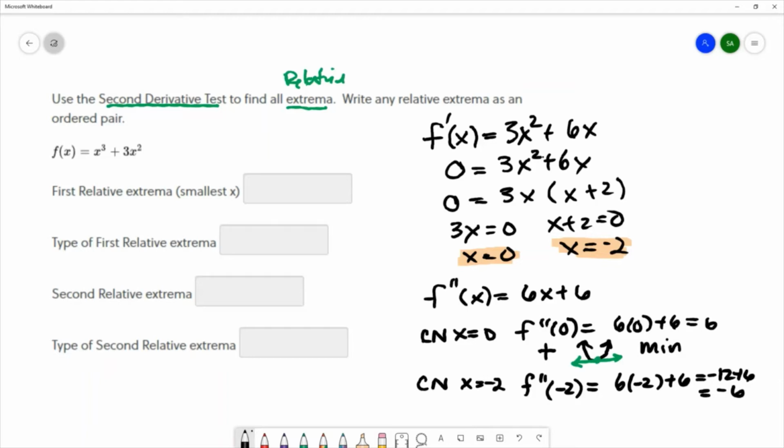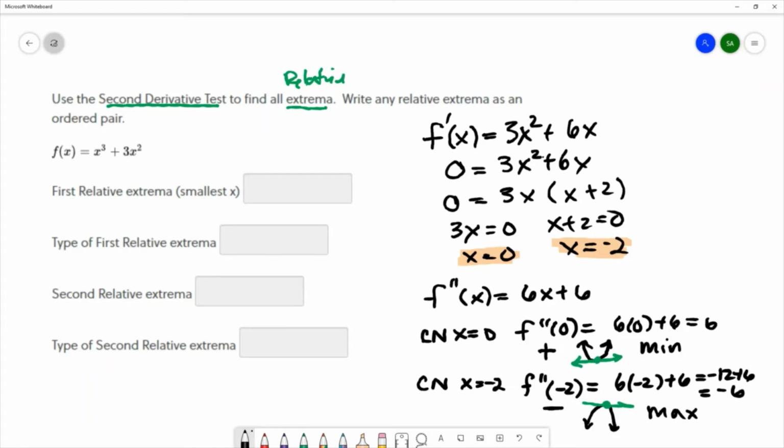So this time our second derivative came out to be negative, which tells me concave down, and that coupled with the fact that this is a critical number tells me that we're going to have a horizontal tangent line. So that point is a maximum. So we found that we have a relative min and a relative max at these critical values.